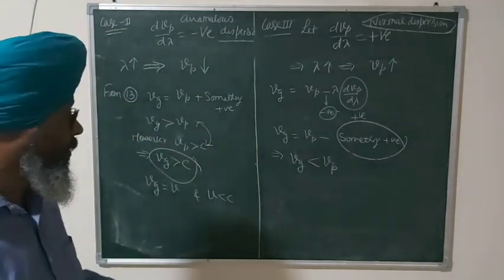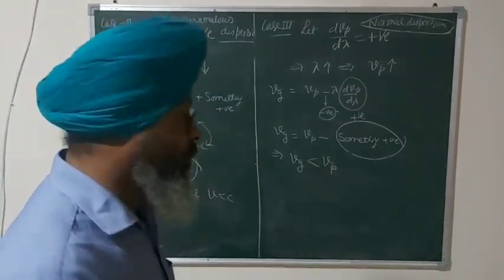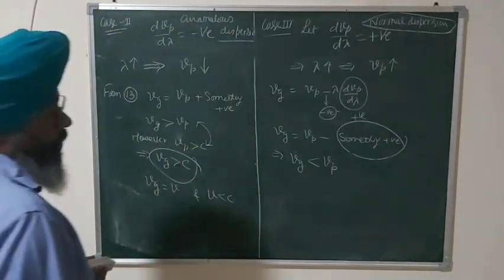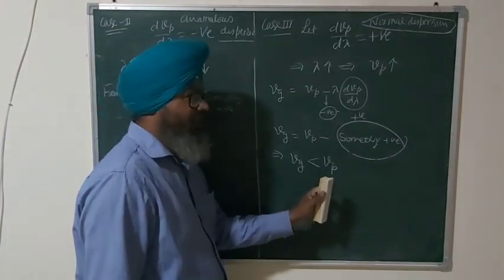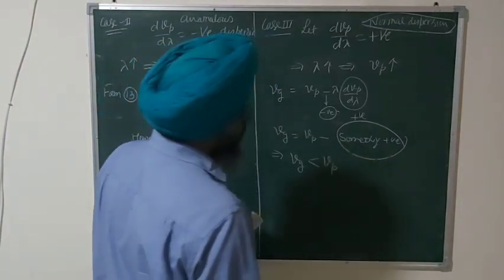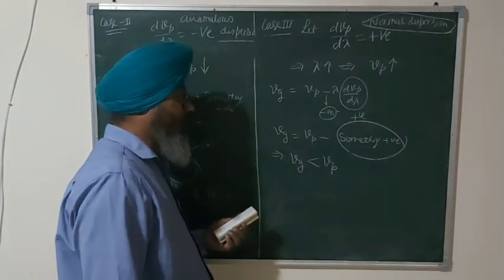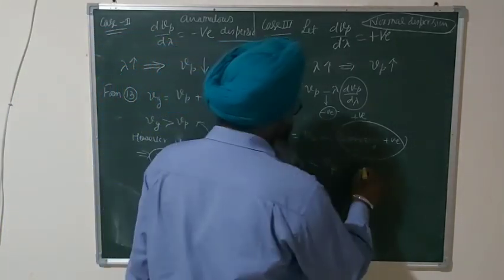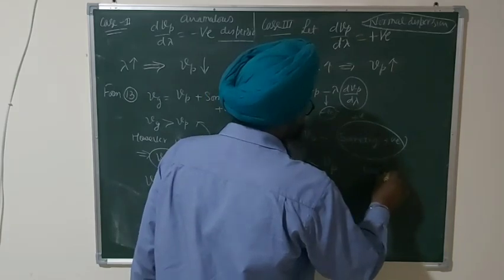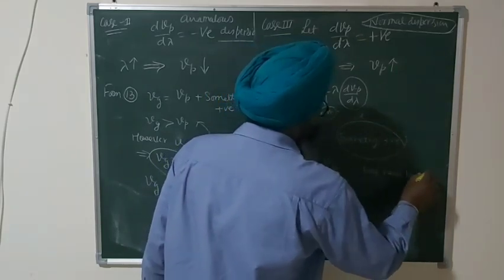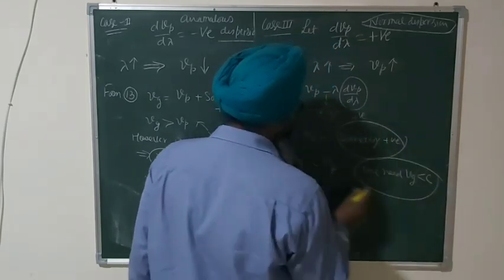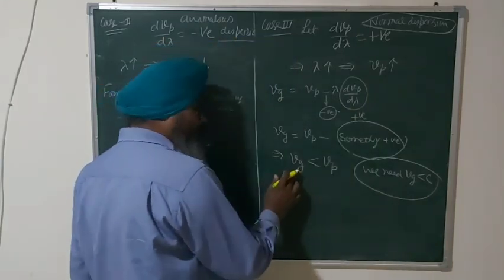Now this is a good news for us, because if Vg is less than Vp, then it can happen that Vg is less than C also. We actually need Vg less than C. Here we are getting Vg less than Vp.